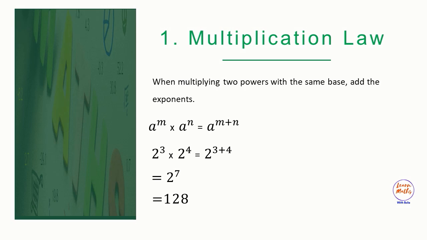The law follows only if your a is the same number. In the example, 2 raised to power 3 times 2 raised to power 4 is equal to 2 raised to power 3 plus 4, which gives 2 raised to power 7, which is 128.